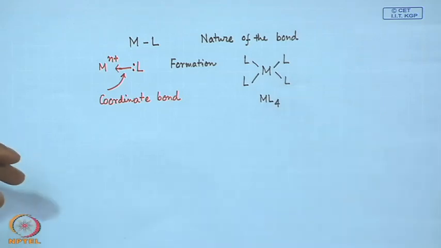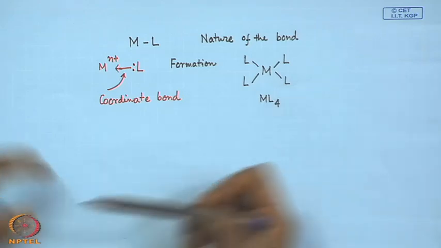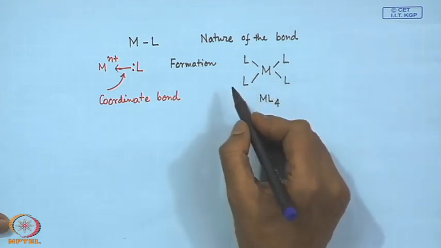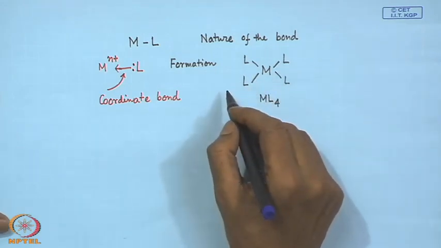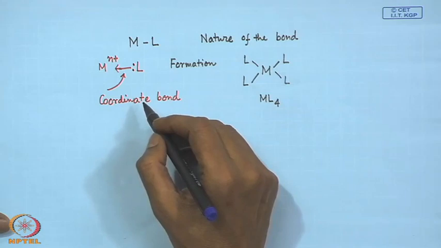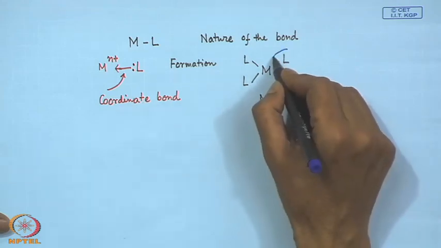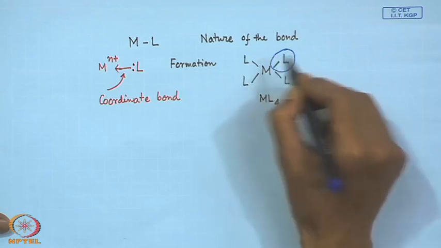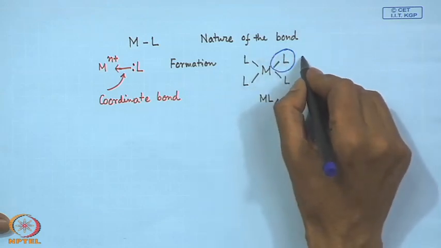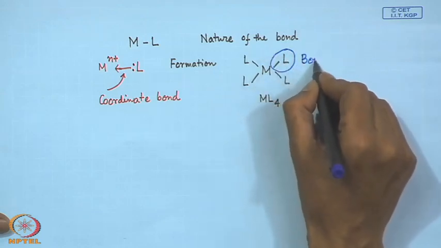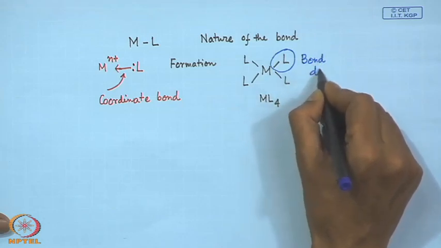So, the nature of this bond, the type of the bond and the strength of the bond is also reflected when we talk about the removal or breaking of this particular bond. That means the bond dissociation.